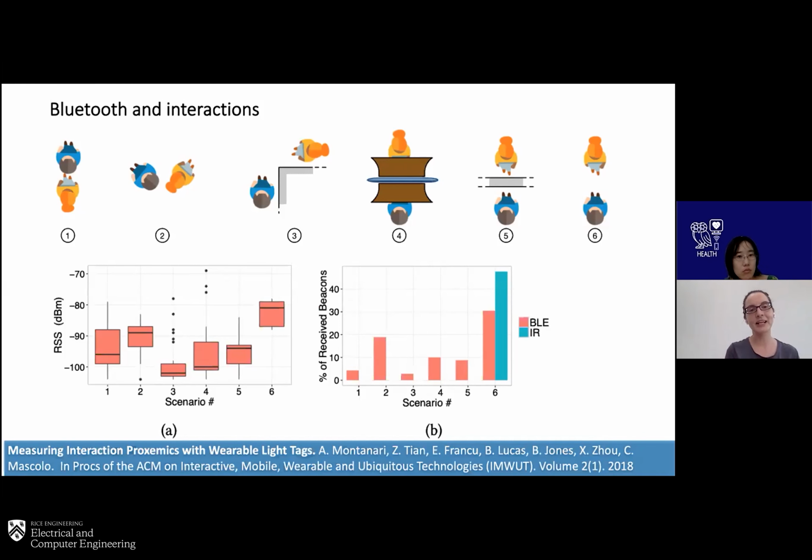On the top, you see different configurations of people, and if you imagine that these people were wearing a Bluetooth tag in front of their chest, we have positioned these people in these various configurations, and we have looked at the performance of Bluetooth. The two graphs represent the different types of performance received, beacon and RSS. And what you can see essentially is that you can't really distinguish very well if two users are face-to-face or are not face-to-face when you look at Bluetooth. So you have to really be careful in using Bluetooth for this kind of tracking.